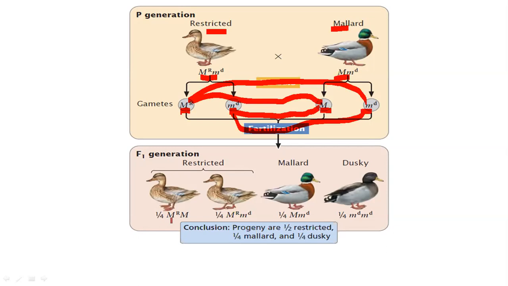So two of them were restricted, one was capital M mallard, and one was dusky. So the ratio was 2:1:1. It is not like 3:1, which we observe in the law of segregation, the law of dominance.